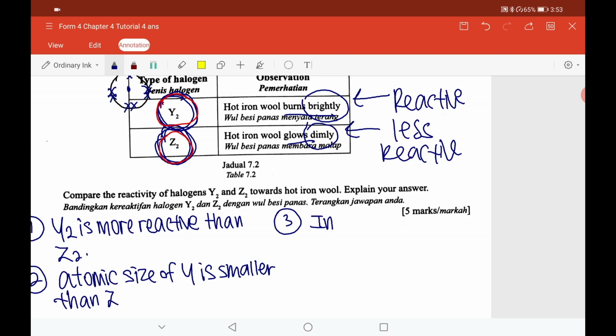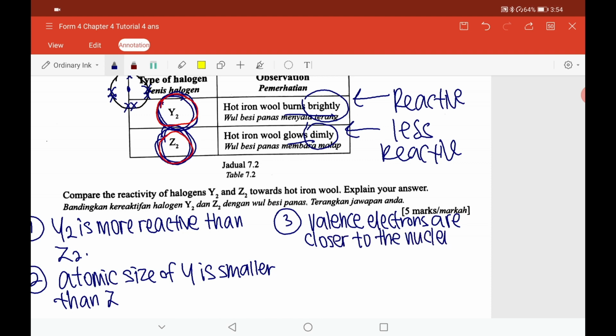Okay, so you can see that the valence electrons are closer to the nucleus. In which substance?